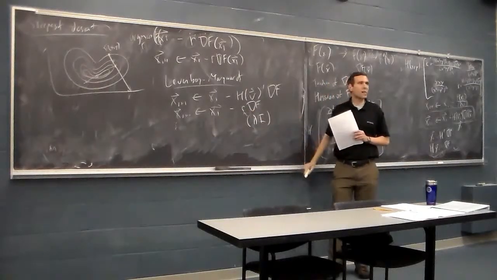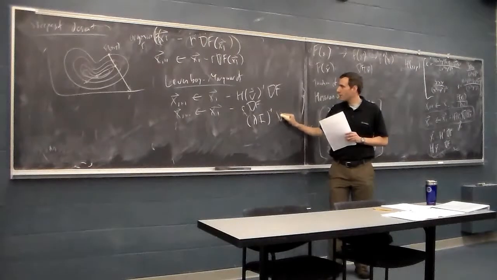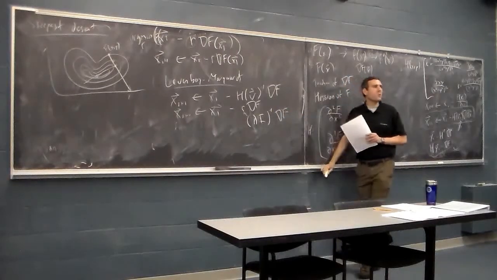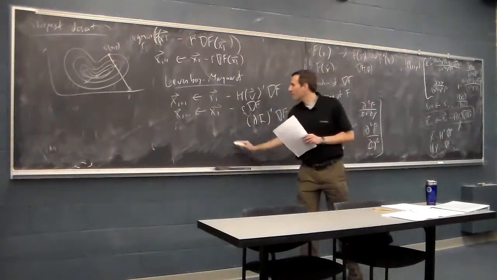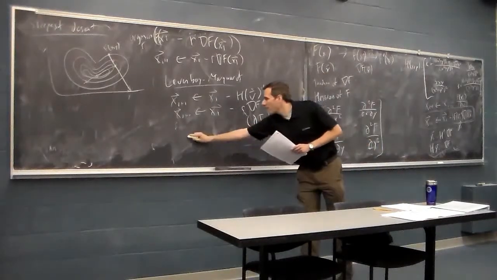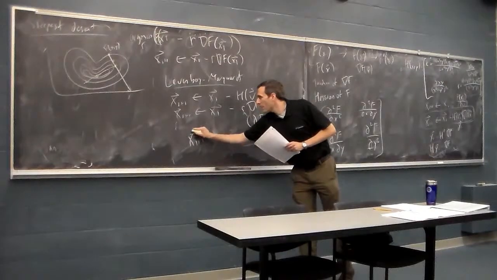We're just multiplying the gradient by a scalar, inverse delta f, and then we put these into an almost identical format.